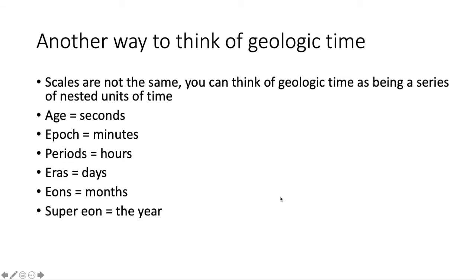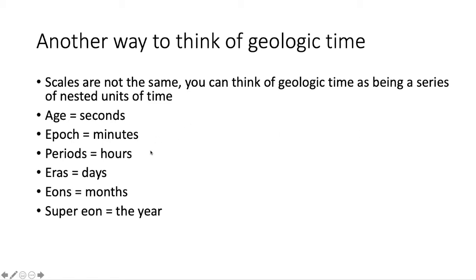Okay, so like I said right at the beginning, a fun way to think about this is as nested timescales. Just the same way you would think about the time today, we can translate that into a geologic perspective.